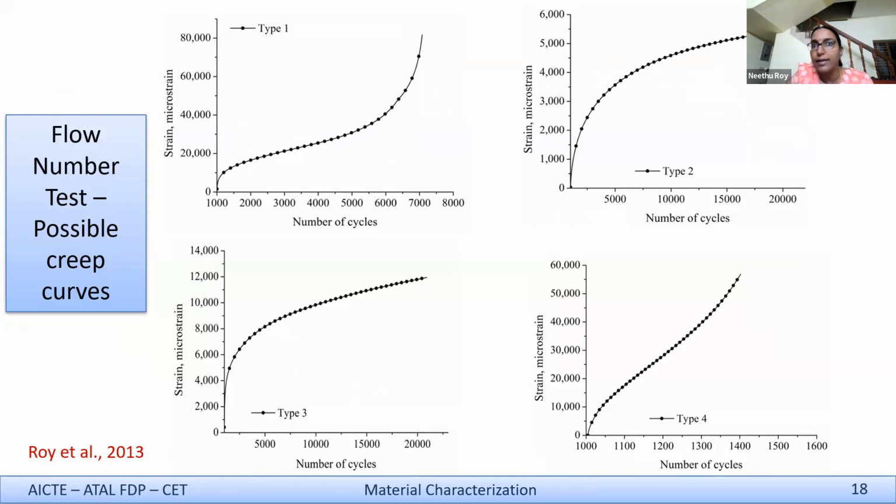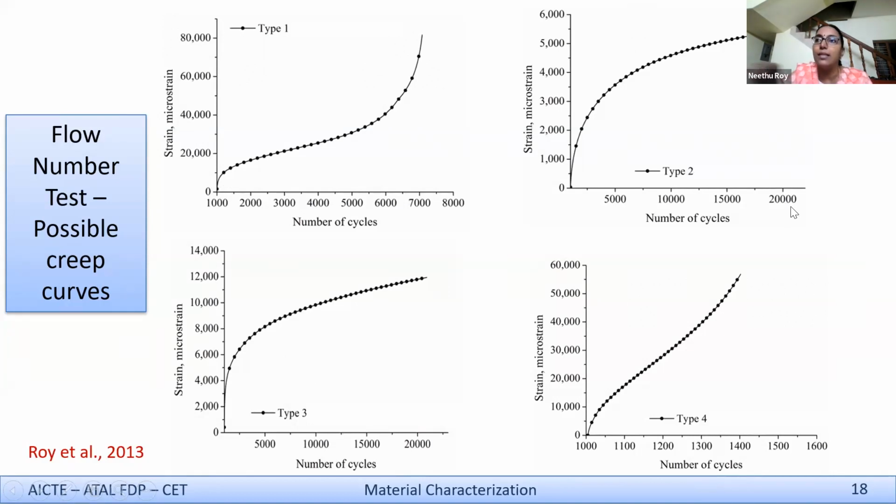This is not containing any wrap, but what we have observed is that even for that type of mixes, based on the condition of testing, we could get different types of curves. For example, we named them type 1, 2, 3, 4, etc. You see a type 1 curve wherein all the 3 stages of primary, secondary, tertiary were very beautifully shown, whereas in type 2 we have reached up to 20,000 test cycles.